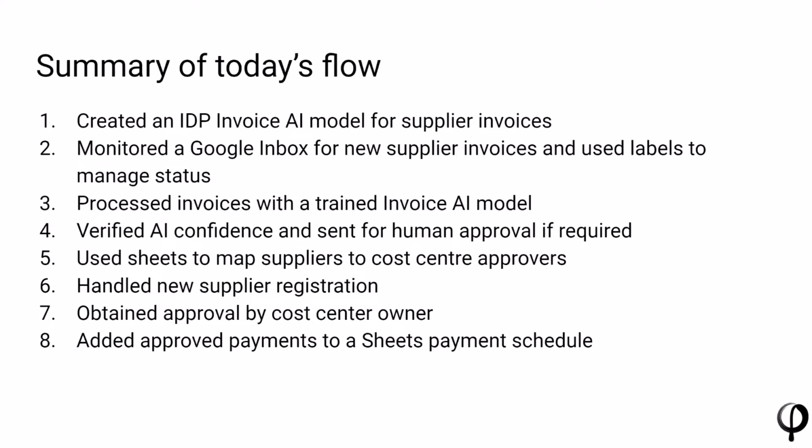We got the approval from the cost center owner. And finally, we added it to a payments schedule in the sheets ready for payment by finance. Now, if we wanted to extend this further, we could have moved on and integrated into say QuickBooks or Xero or some finance app and automatically set up those payment schedules as well in there.